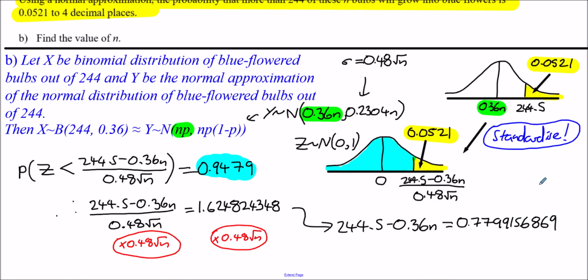We can now rearrange this into a standard form, set it all equal to 0 on one side of the equation. So if I add 0.36n to both sides and subtract 244.5, so I'm going to plus 0.36n and minus 244.5 from one side, and do the same over here.